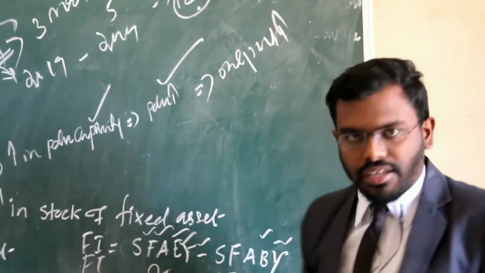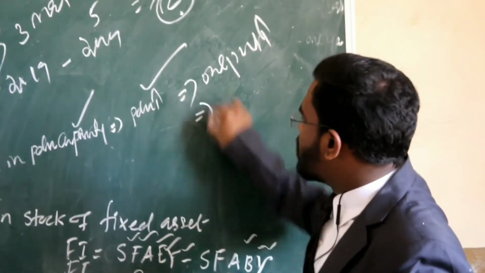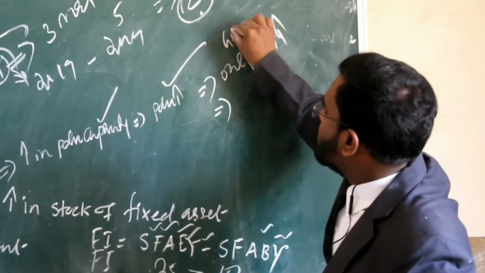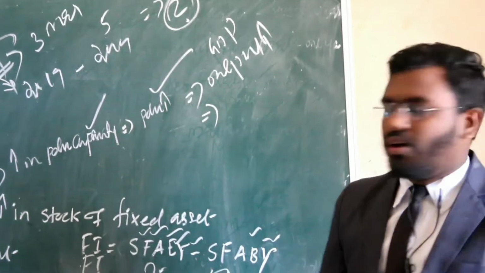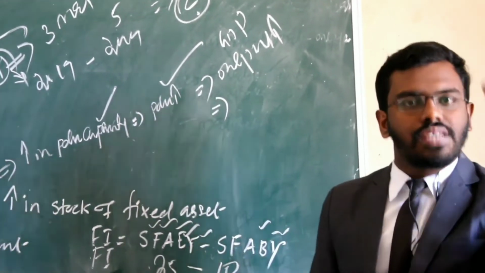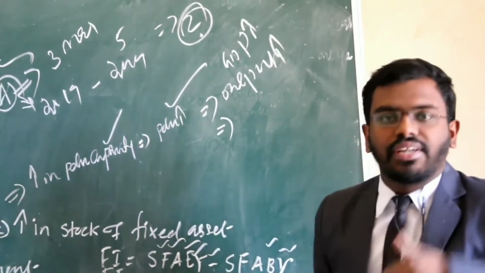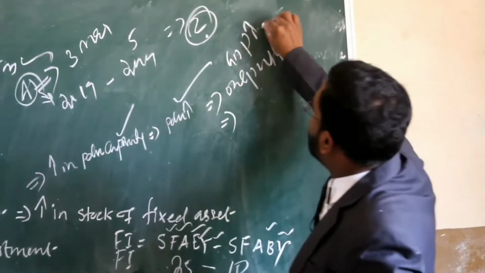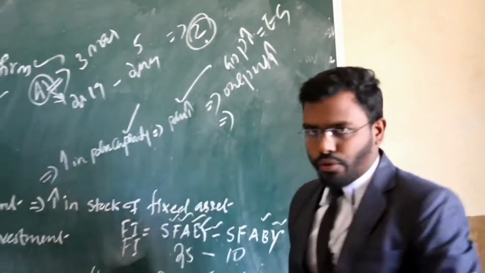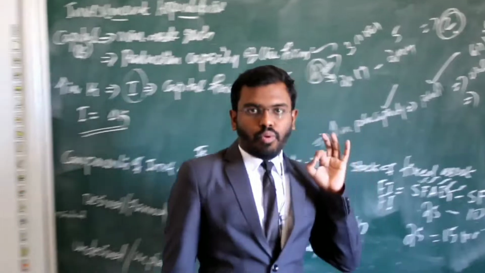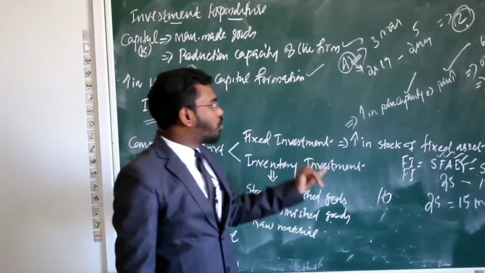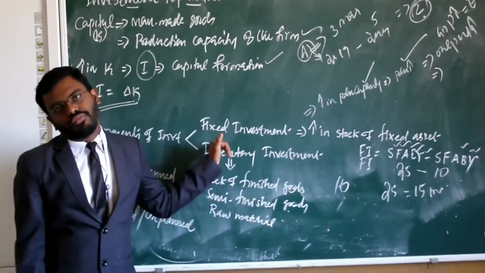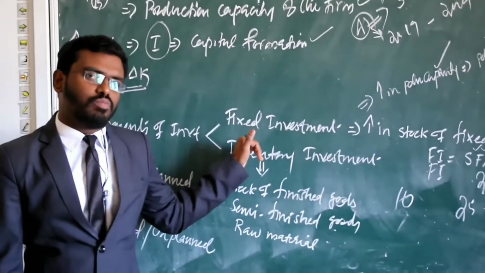Output will increase. Output means GDP, gross domestic product. So when output increases, GDP will increase. When GDP increases, country can achieve economic growth. So the main component of economic growth is fixed investment.